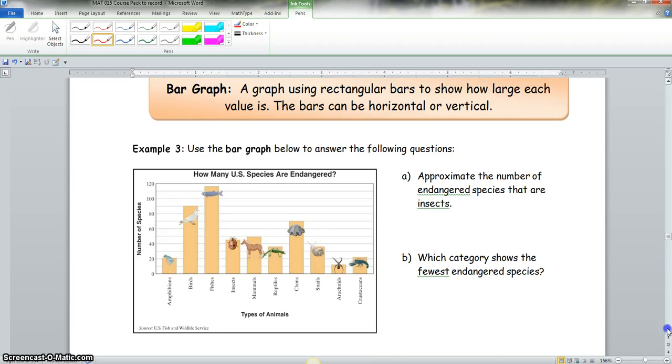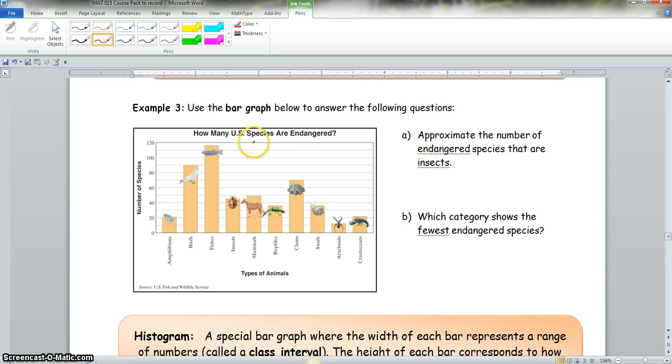Now, let's take a look here. It says how many U.S. species are in danger? It says approximate the number of endangered species that are insects. Now we look here. Now we basically have only 2 categories here. Well, actually here's the insects right here.